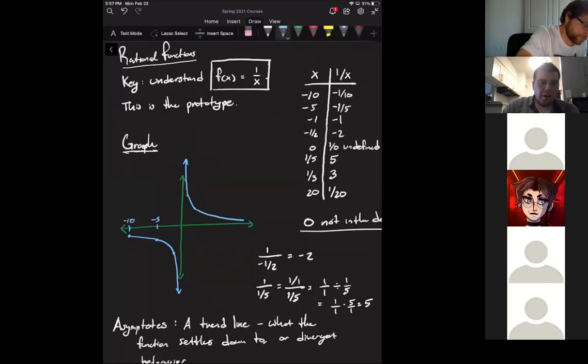Does anyone have a thought on why that's the behavior that we would expect to happen? Or why a small number is going to give us a big number out of it?